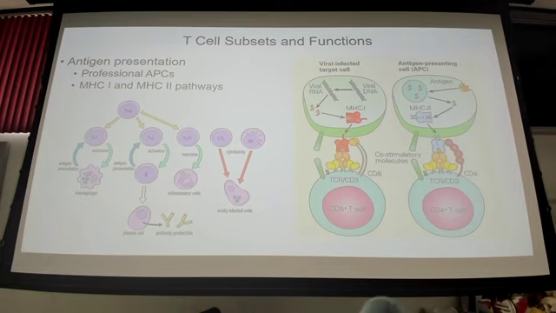We've seen this figure before, showing that if you have any old Joe Schmo cell that's infected with a virus, whether it be a neuron or a hepatocyte or a glial cell, that cell should be producing MHC1 on its surface.